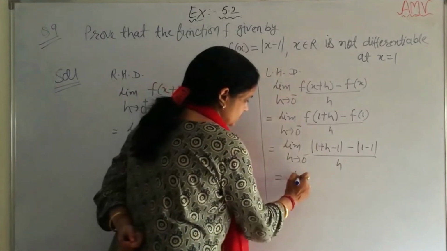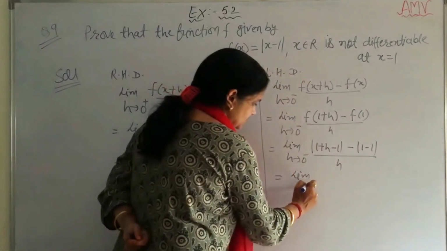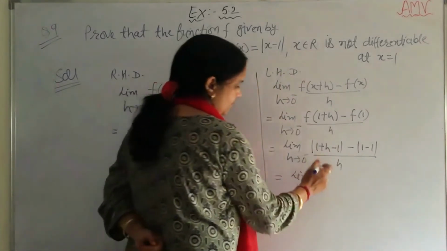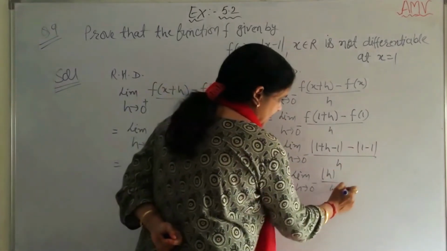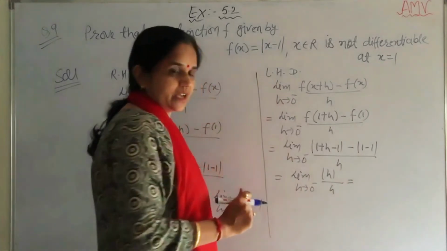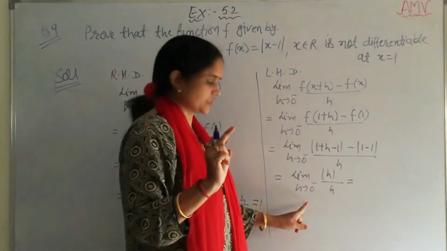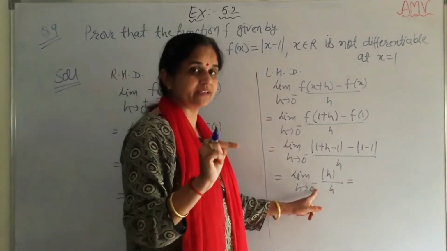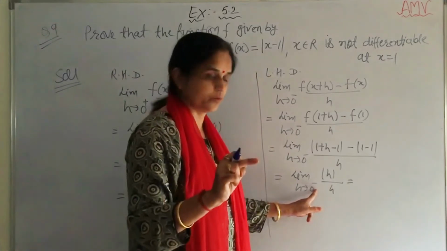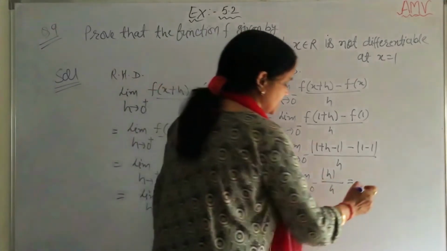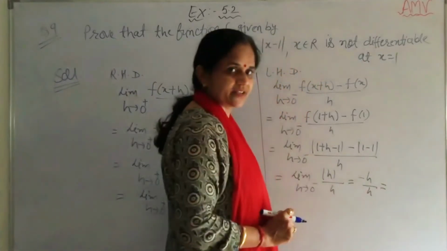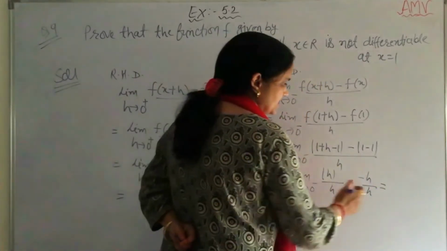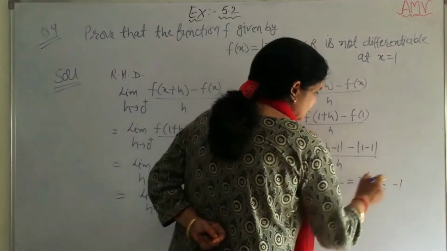So limit h tends to 0 negative, here it is mod of h, it's 0 and h. Now see, here we are finding limit h tends to 0 negative. It means h is less than 0. So mod of h it is minus h. And here it's h. H will cancel and you will get minus 1.